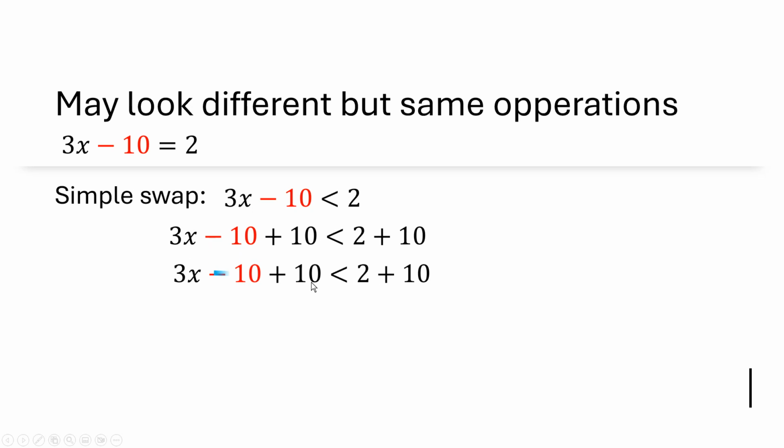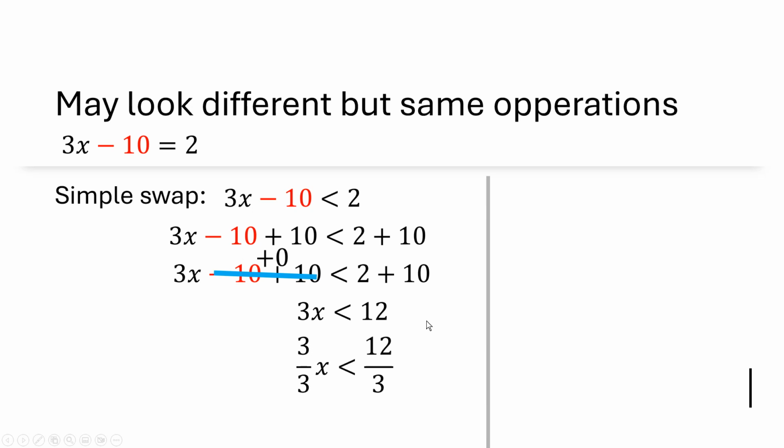When we do that, that's gone, leaving us with 3x is strictly less than 12. Now we divide both sides by a positive 3, so we don't have to flip the sign, and it cancels on one side, reducing on the other: x is strictly less than 4.